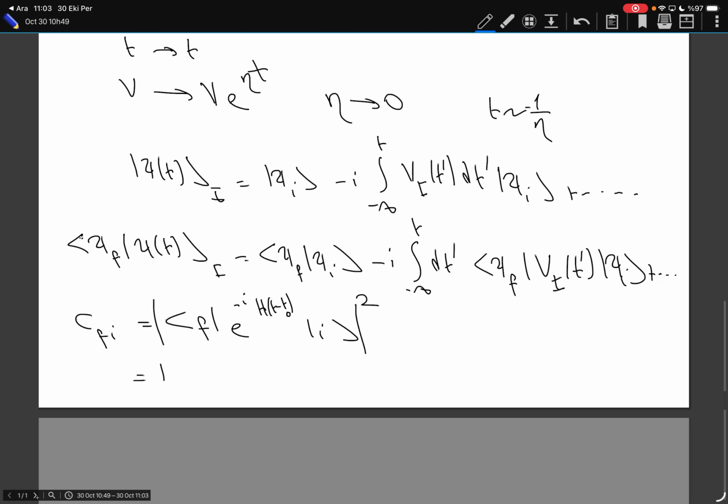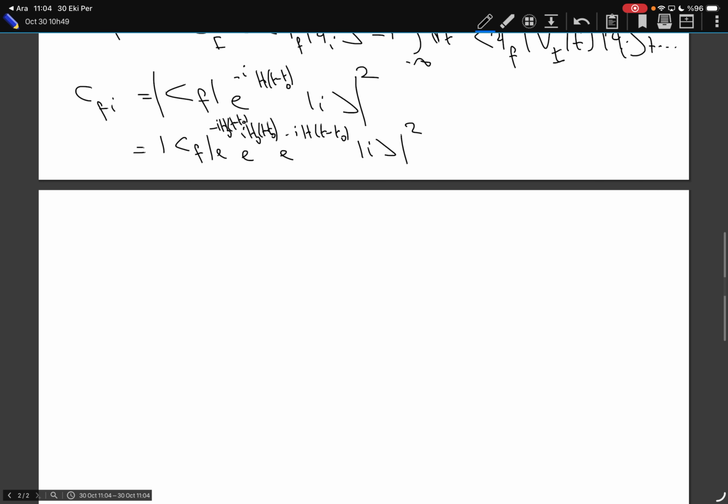This I can write as the evolution operator in the Schrödinger picture, with t minus t0.